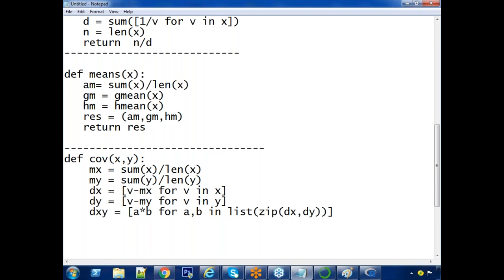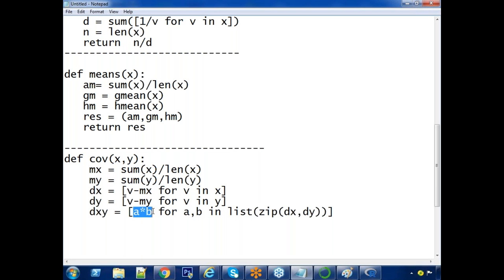Do you remember this technique? Up to now what will it return, sir? It returns a list. Each element is a tuple. First element is the element of dx, second element is the element of dy. First element comes to a, second element comes to b, and these two elements will be multiplied. Already last class you have seen this technique.